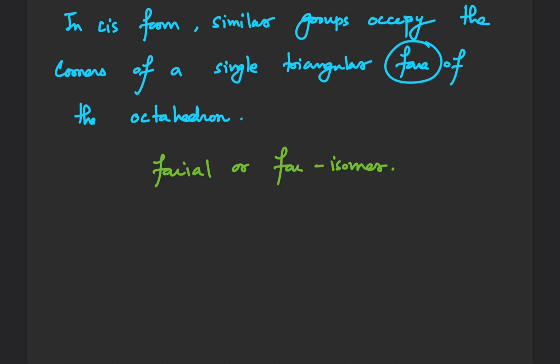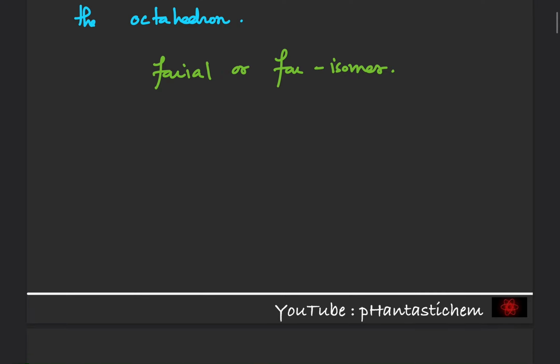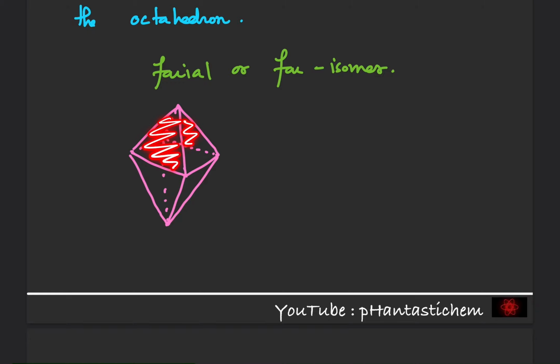A regular octahedron has 8 faces. This is the first face, second one, third one, fourth one.